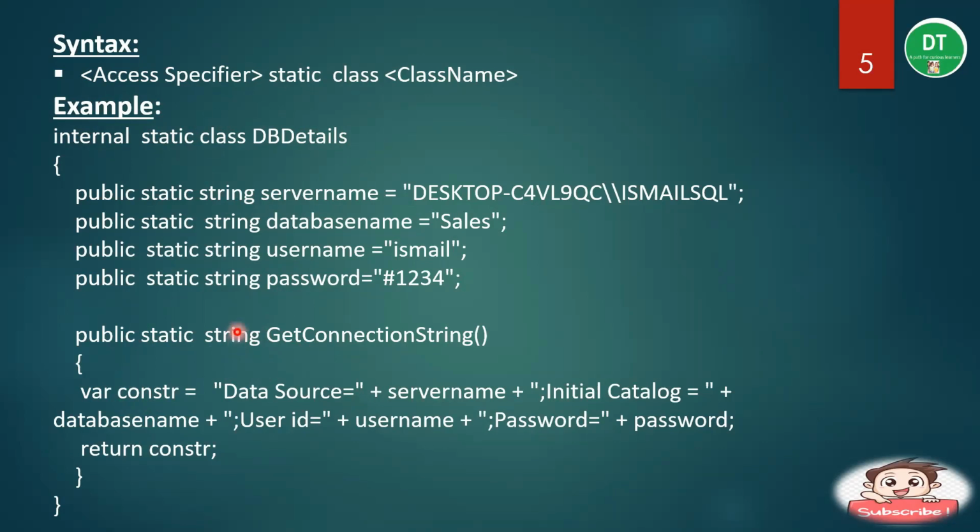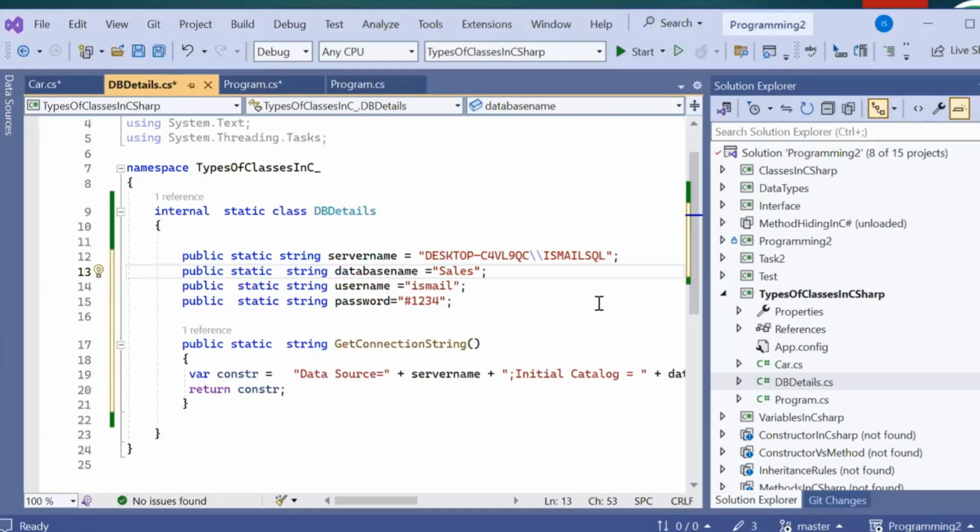Now we will see the example of static class in Visual Studio. In Visual Studio, you can see that I have created one project. The name of the project is types of classes in C sharp. In this, I have created one static class. The name of the class is DB details. And you can see here, the class declaration is preceded with the static keyword.